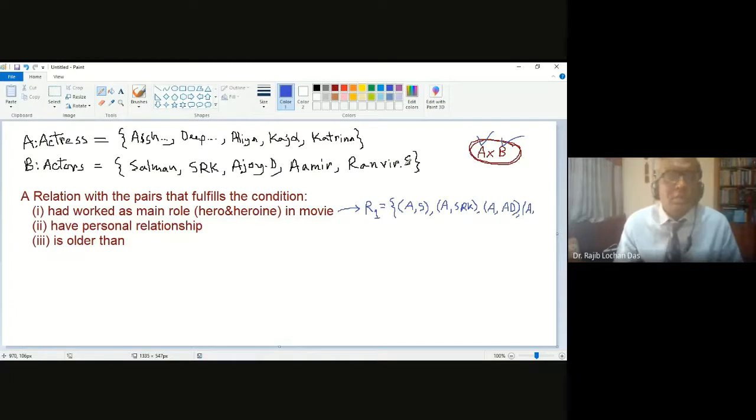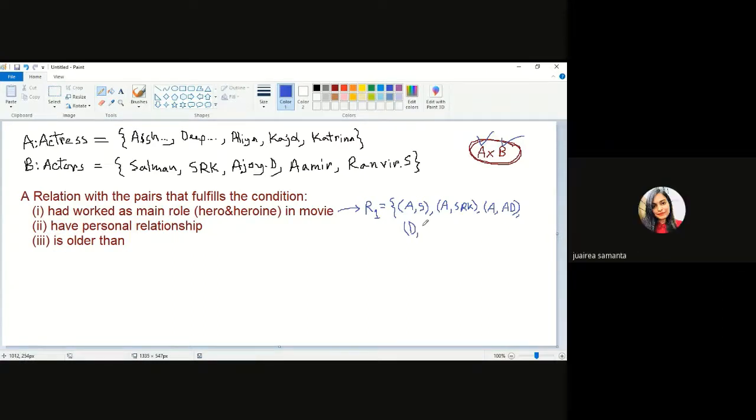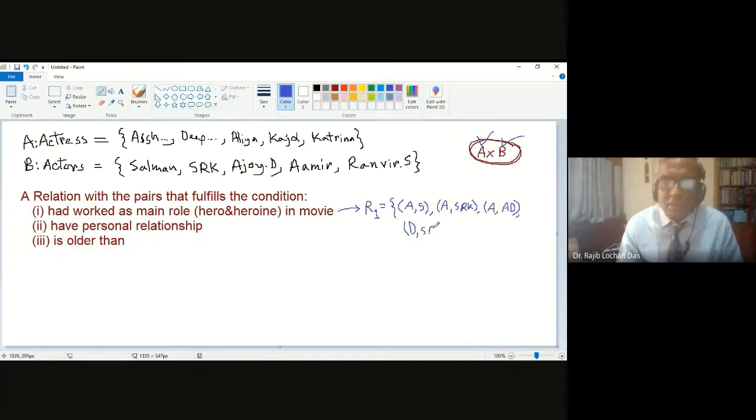Now let us talk about Deepika. What do you think about Deepika? Is she paired with Salman? No. So you have no pair with Deepika and Salman, but Deepika and Shah Rukh Khan, yes, so you can write SRK.